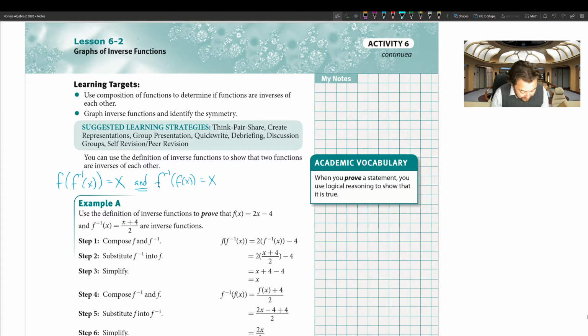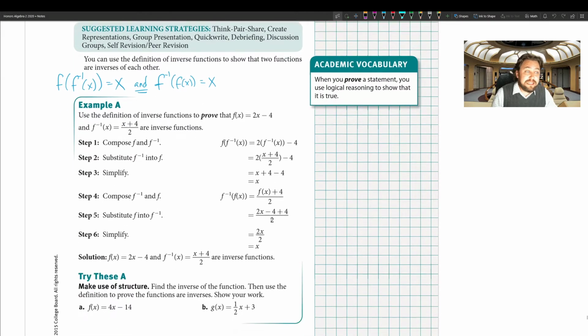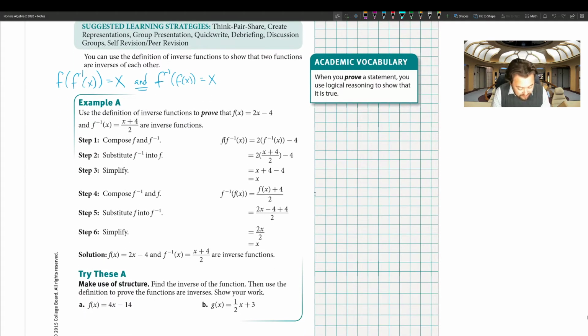So how do I find an inverse? There are basically three easy steps, and I'm going to write them off to the side. Step one is to replace the f of x with y. It could be f of x, g of x, whatever you want; you replace it with y.